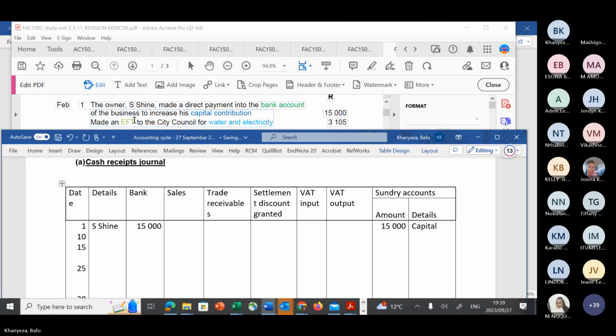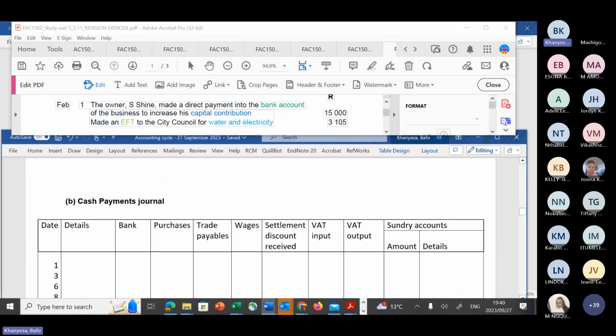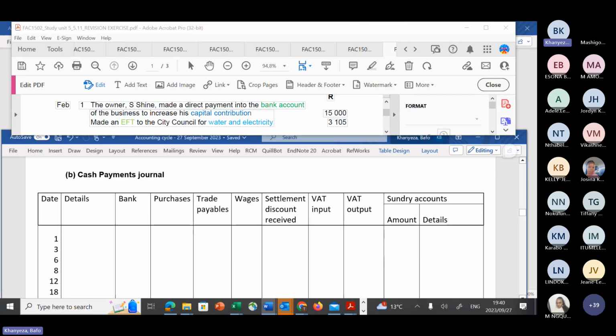The bank received, and now they are paying. Does it go to cash receipts? No, it's money that they have paid. Because the business is now making an EFT, it has to go to the cash payment journal.